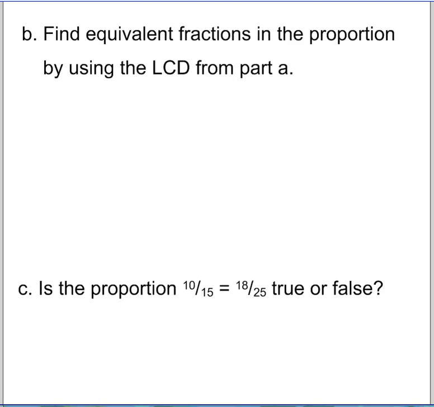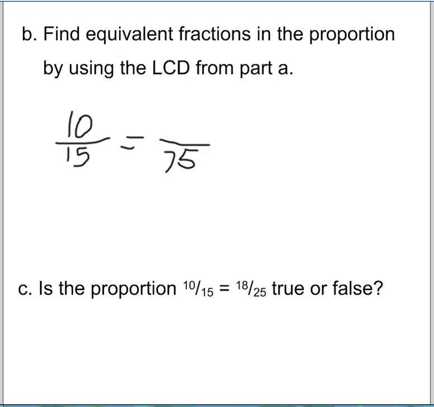Now we need to find equivalent fractions using our LCD, or using that 75 from part A. So they were giving us 10/15ths for our first fraction, and what they're telling us is we need to find a fraction that's worth the same amount when using 75 as a bottom number.